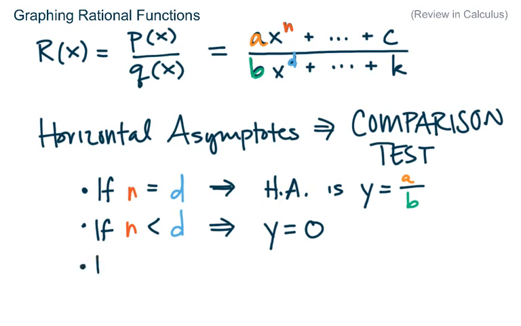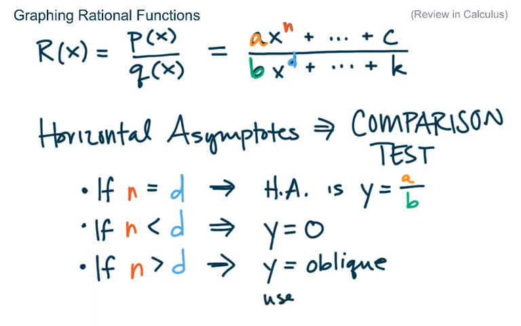And the last situation, if the degree of the numerator is greater than the degree of the denominator, then we have an oblique asymptote, or a slanted one. It's not a horizontal, it's a slanted asymptote. That's found using long or synthetic division.